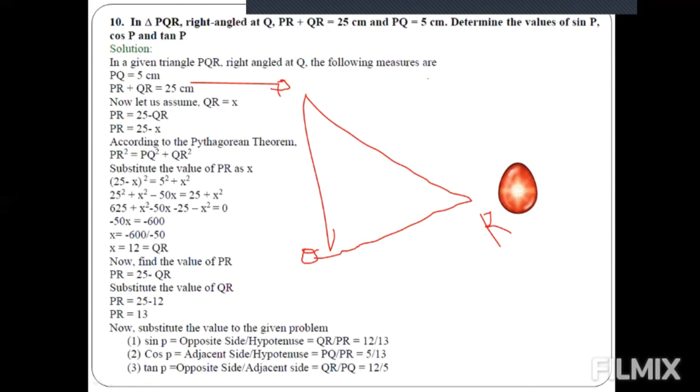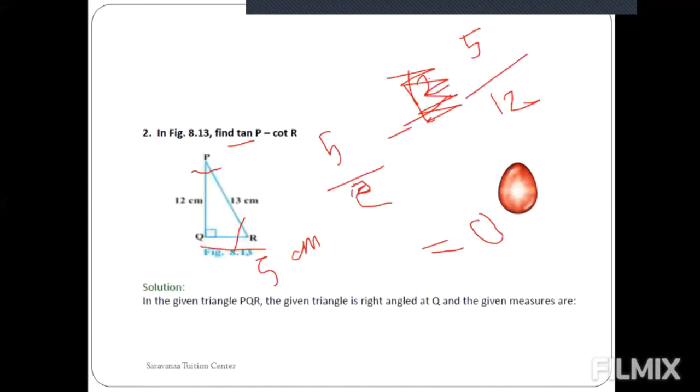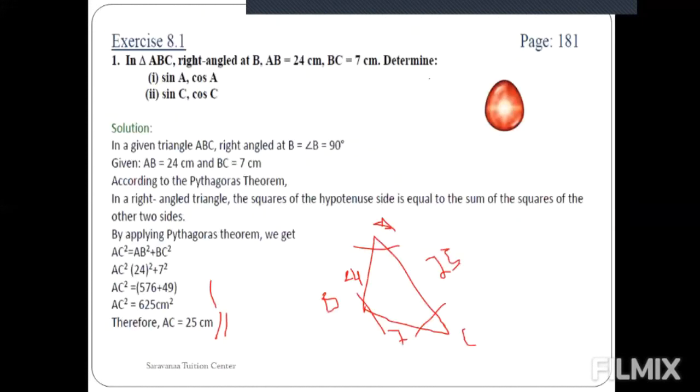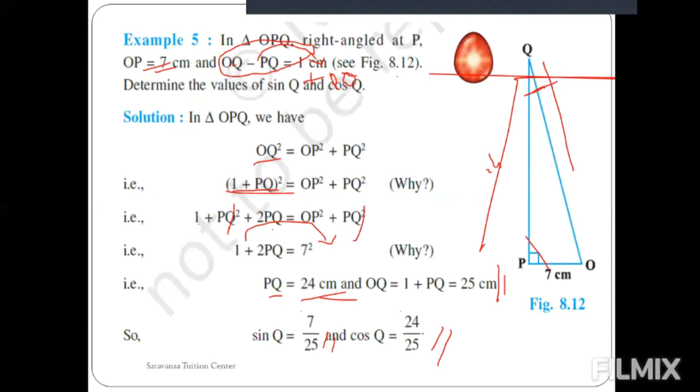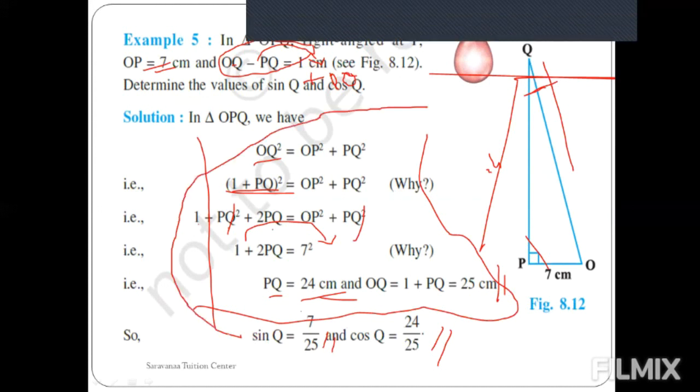So you saw this question in here. That was an example. You need to do it in a similar way like this to get the answer. So that you get the other two sides, you need to use this thing.